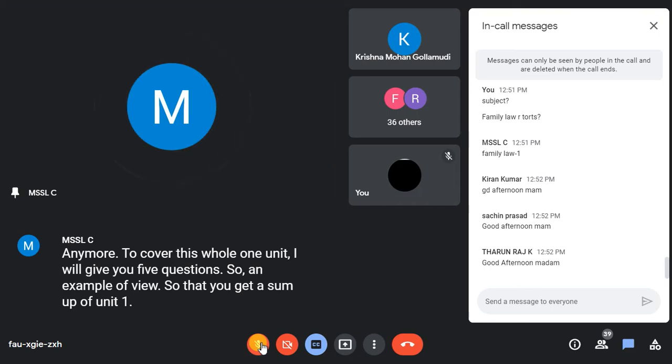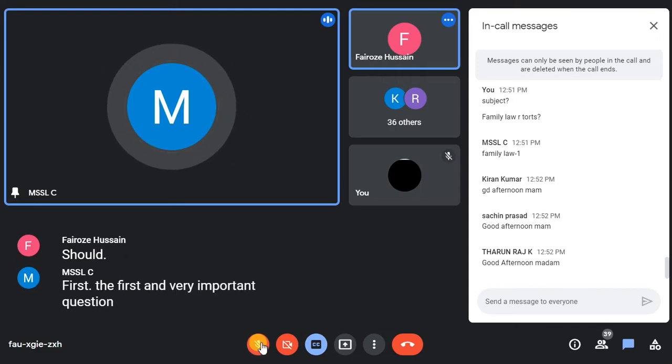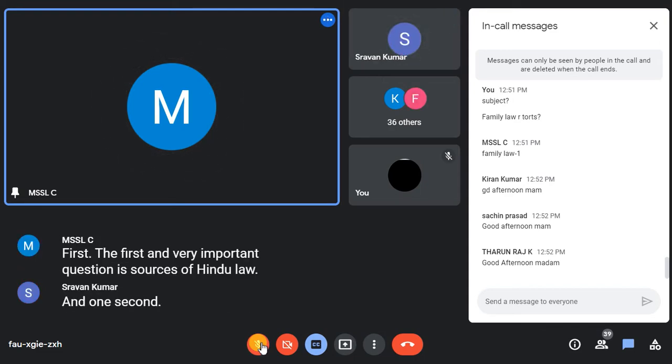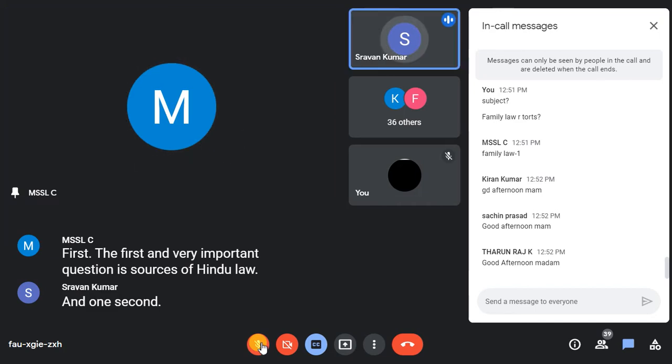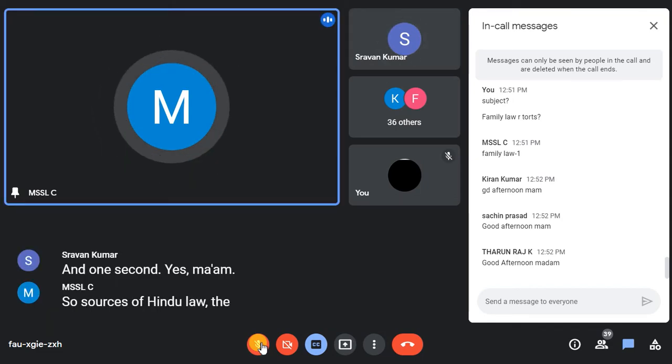The first and very important question is sources of Hindu law. It is a very important question.